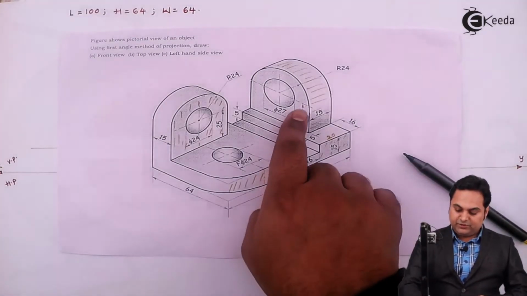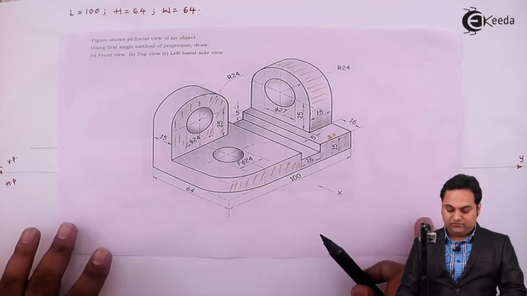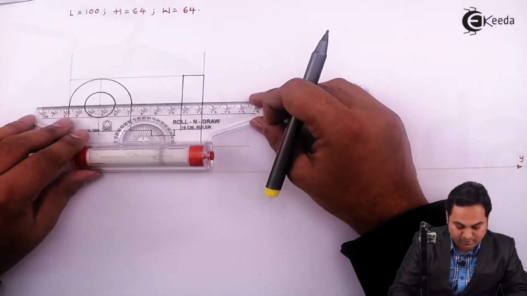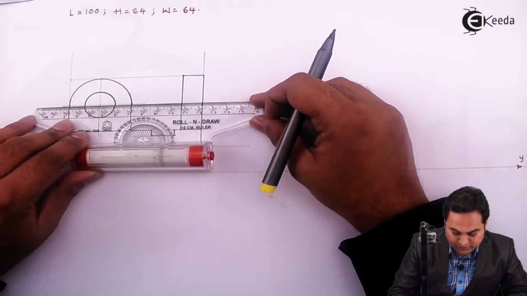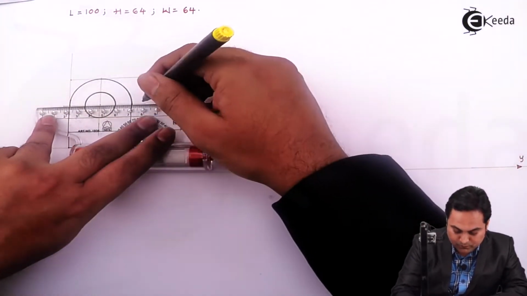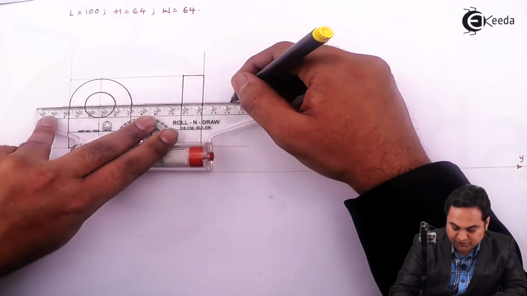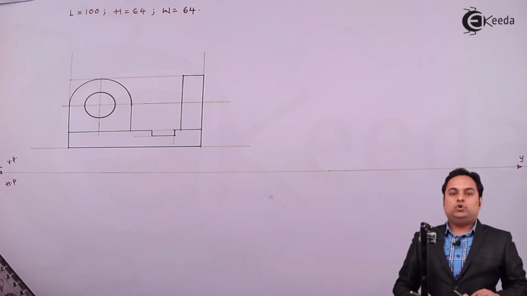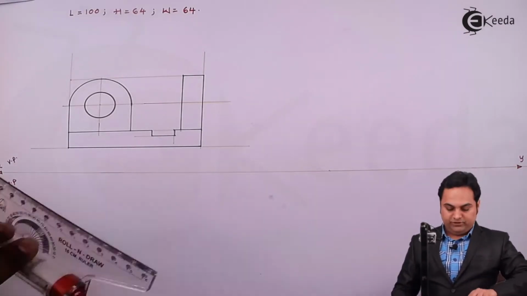Now its center is again 25 mm above the 15 mm plate. So here I already have the 25 mm mark in this diagram. So I am projecting the same center line. Diameter is 27, so the radius will be 13.5.